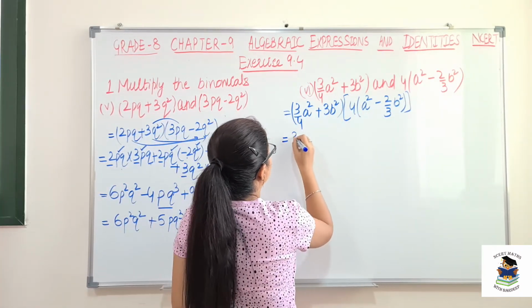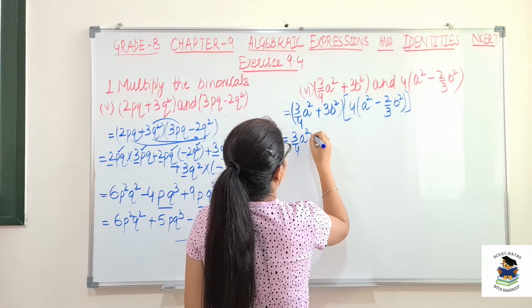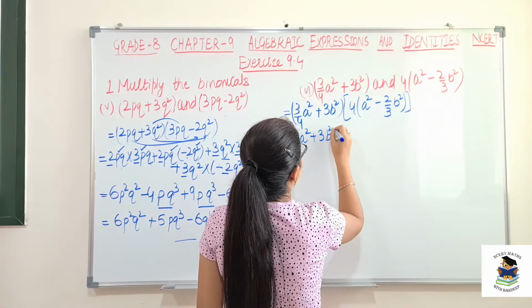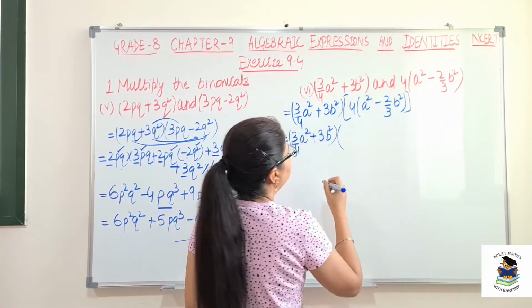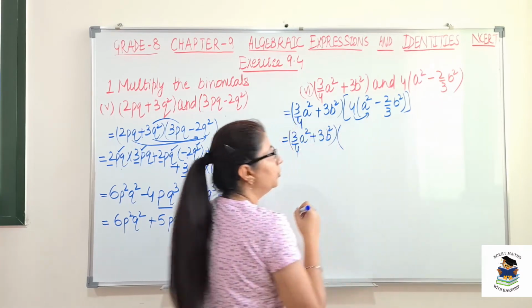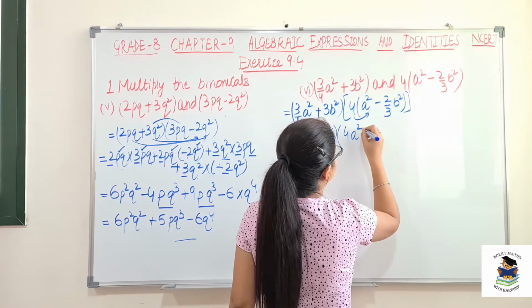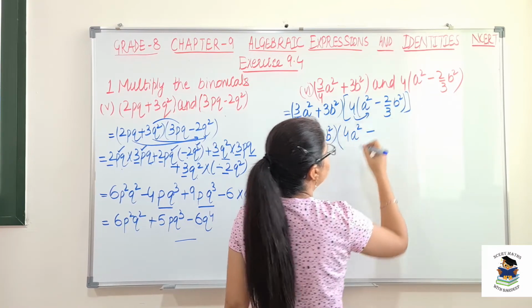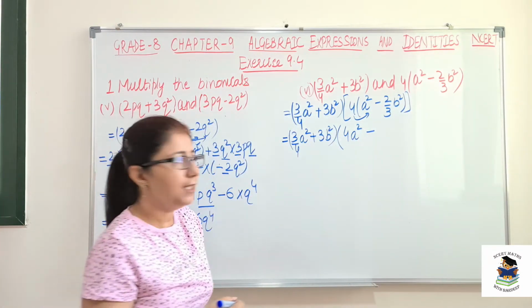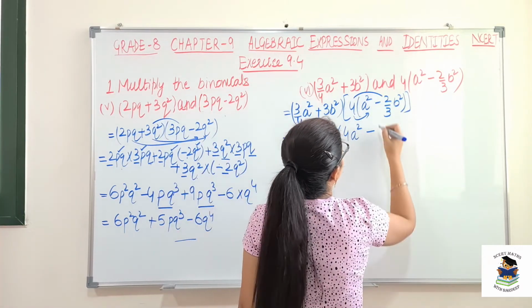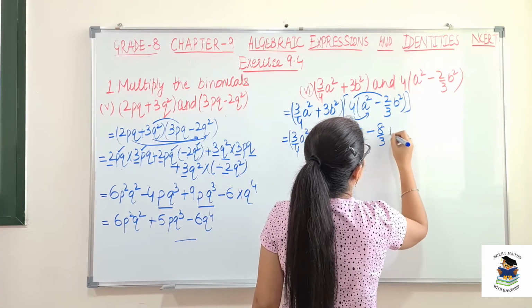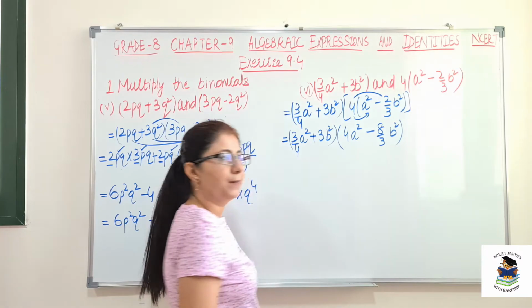So I will write 3 by 4 a square plus 3b square as it is here. So 4 into a square first. So I will get 4a square. Now 4 into 2. 4 into 2 is 8. That means this minus 8 by 3 b square. Okay.